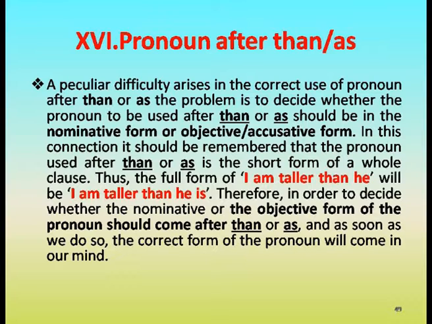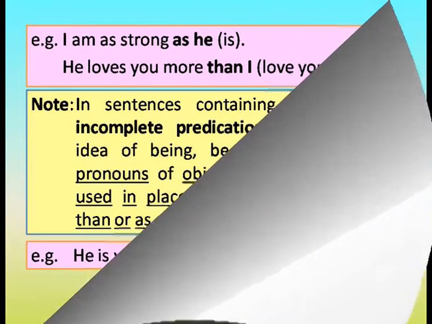Thus, the full form of I am taller than he will be I am taller than he is. Therefore, in order to decide whether the nominative or objective form of the pronoun should come after than or as, we should complete the clause, and as soon as we do so, the correct form of the pronoun will come to our mind.